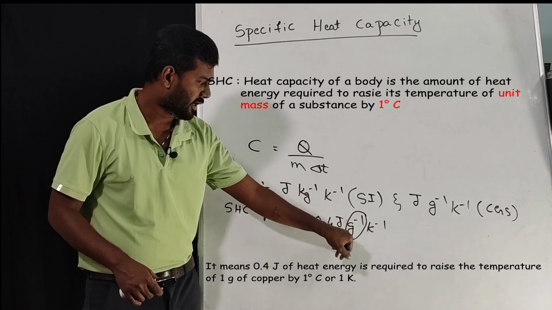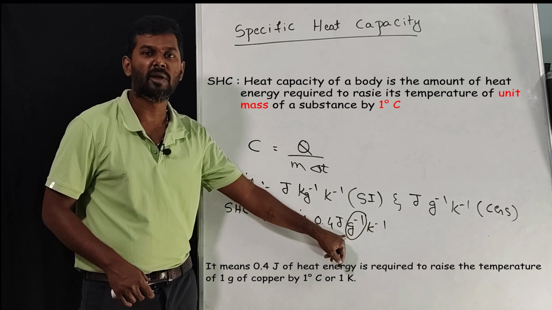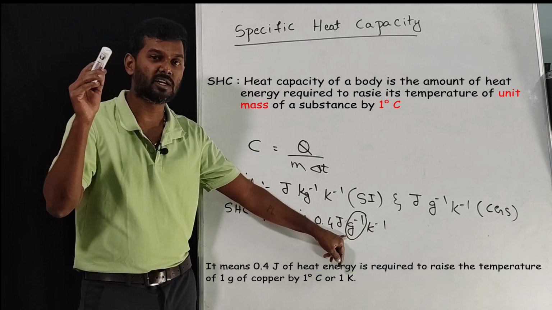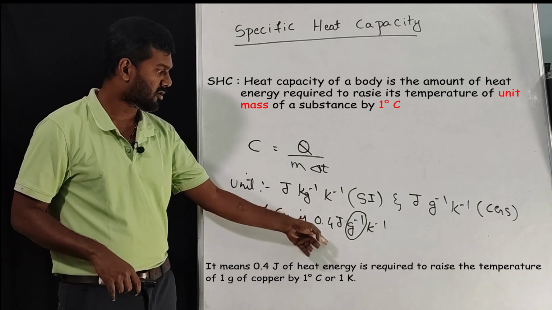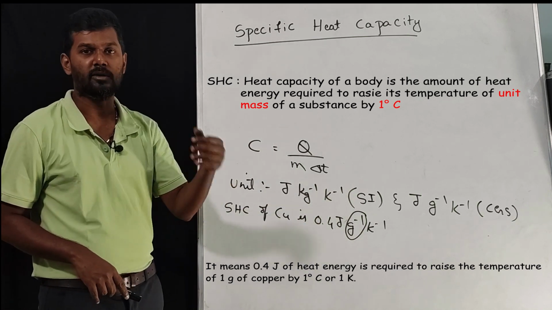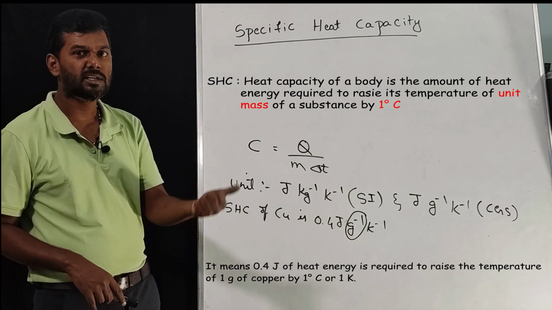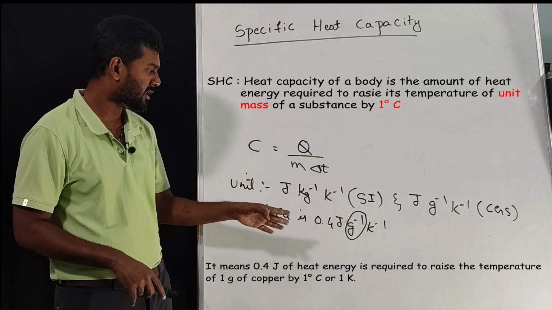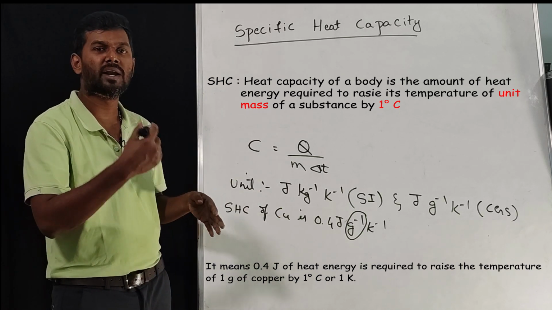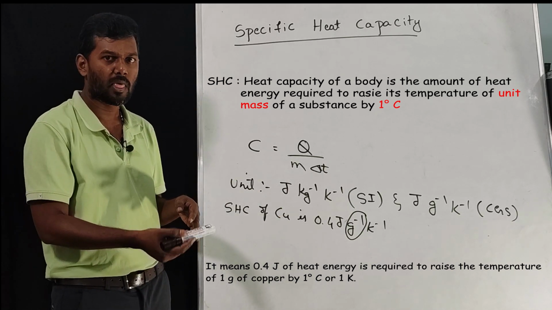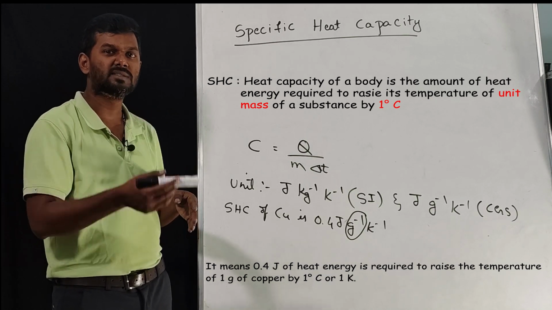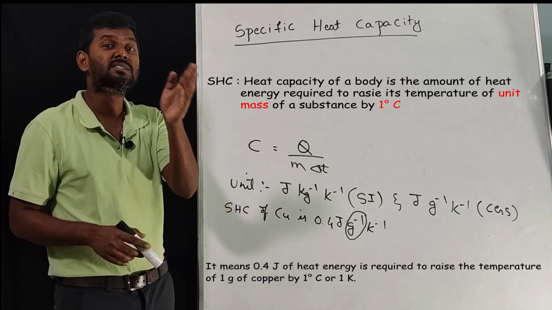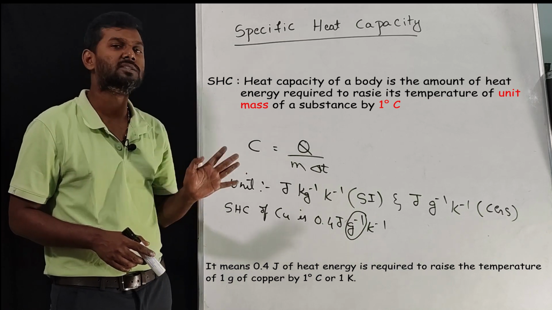If they mention kg instead of gram, then you have to write, see, this will be 400 joules per kg per Kelvin. That means copper requires 400 joules of heat energy to raise the temperature of 1 kg of copper by 1 degree Celsius.